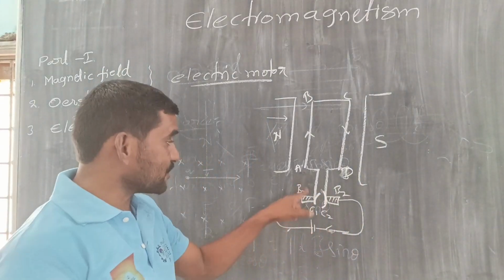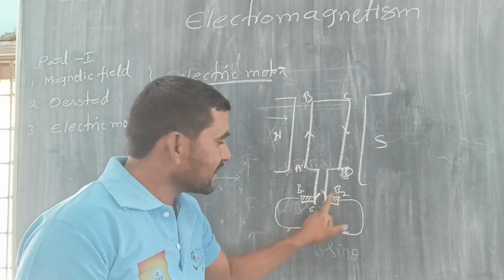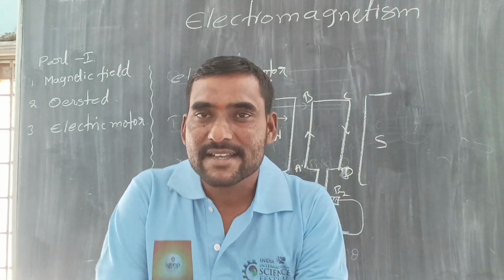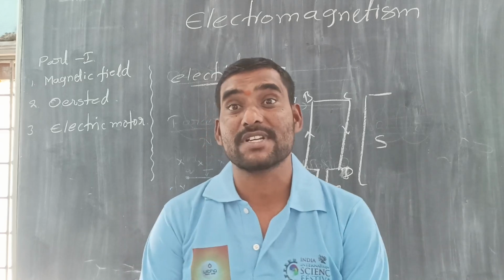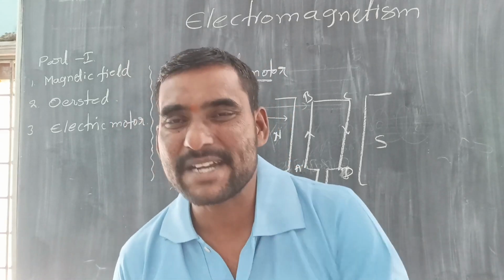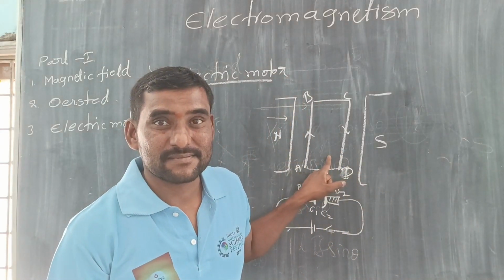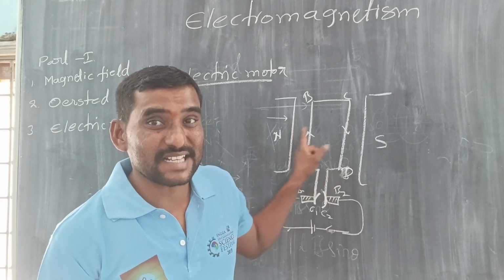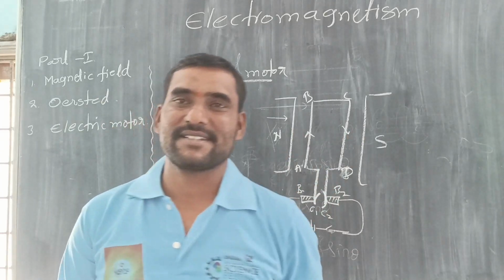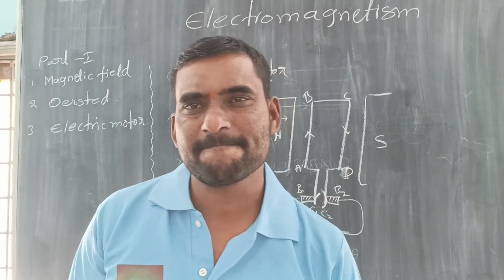Then again current passes through B1, C2 to DC, BA. Like this, the motor rotates continually in the anti-clockwise direction. Motor rotation depends upon the area of the armature, the number of coils, the strength of the magnet and the strength of the current. The RPM, rotations per minute, depends on these factors.